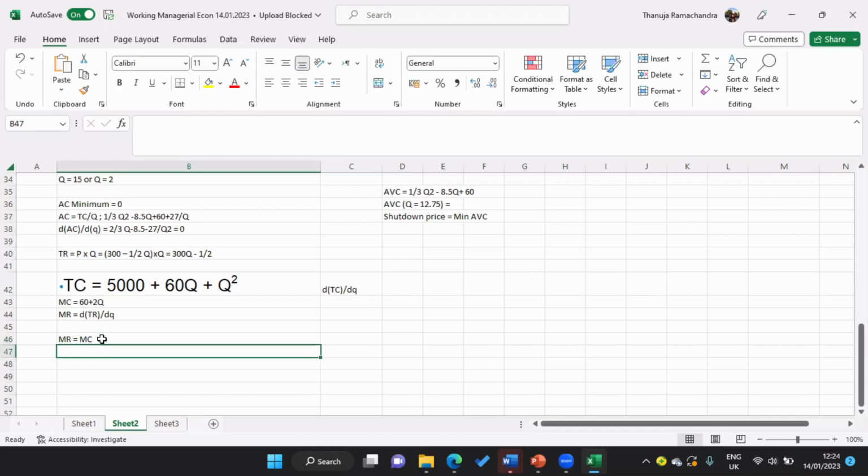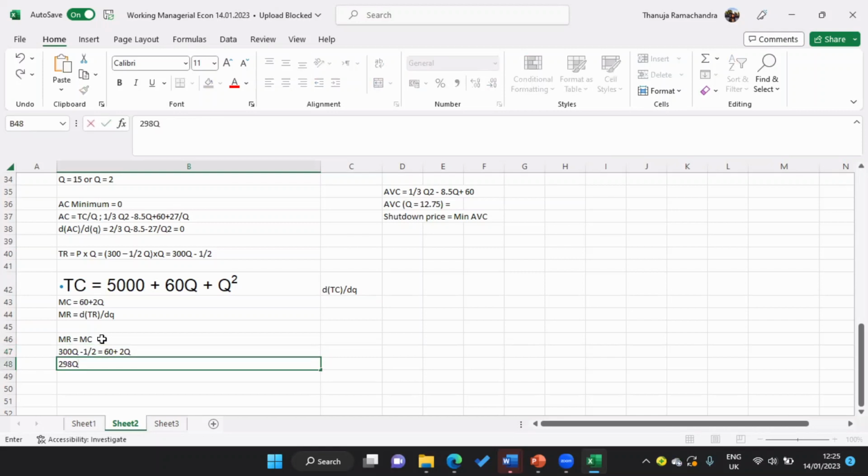So MR is 300Q minus half equal to 60 plus 2Q. So 298, what figure is coming? 298Q equal, something is wrong there.